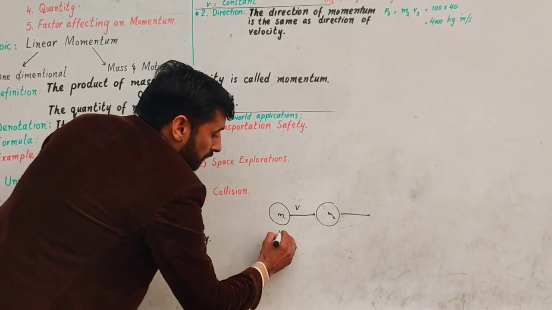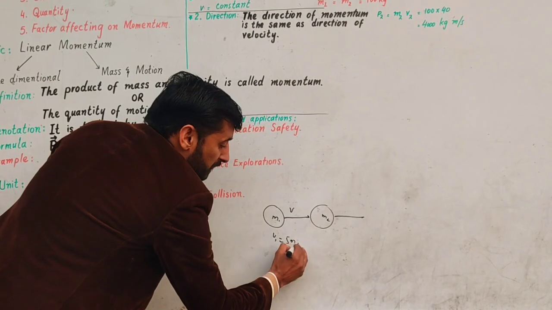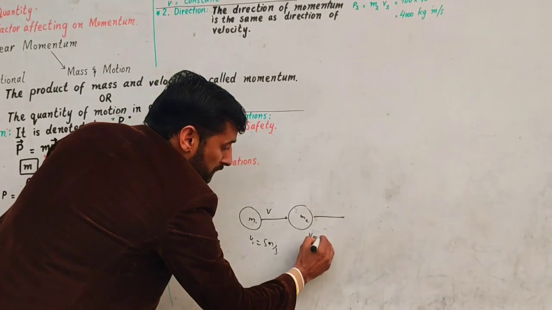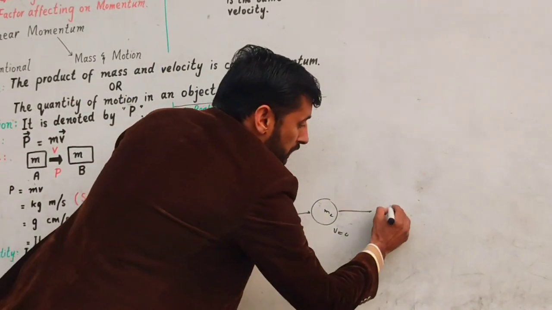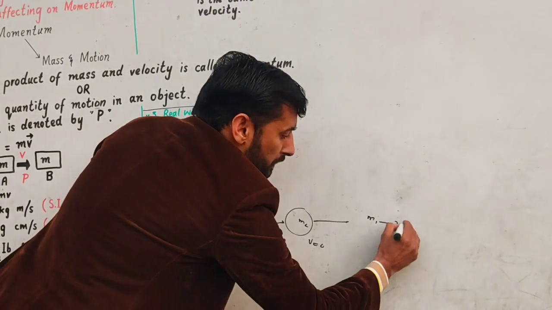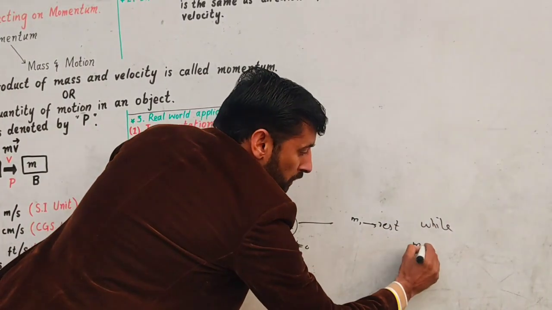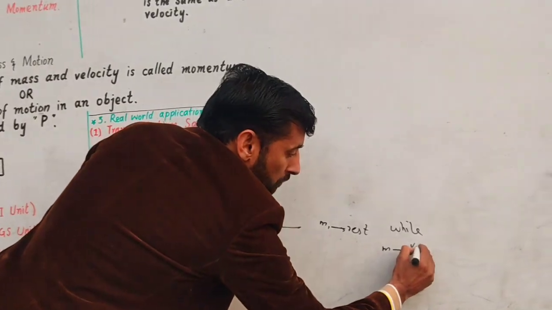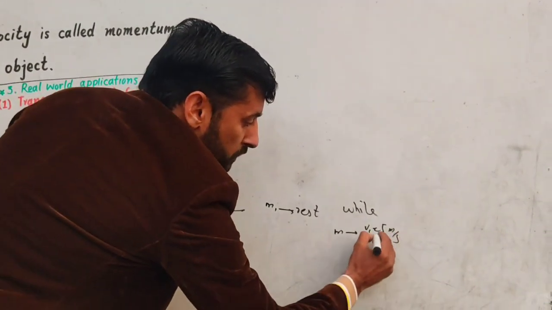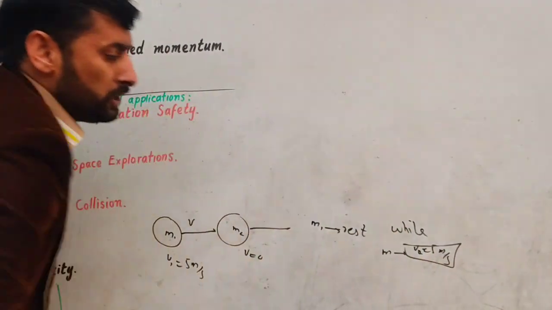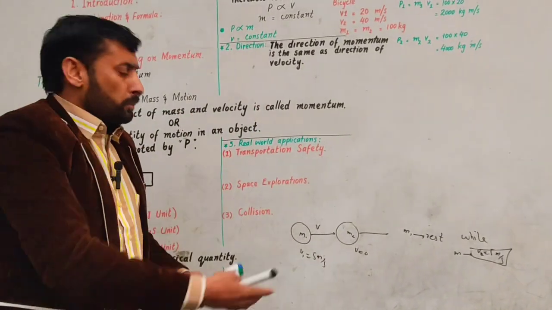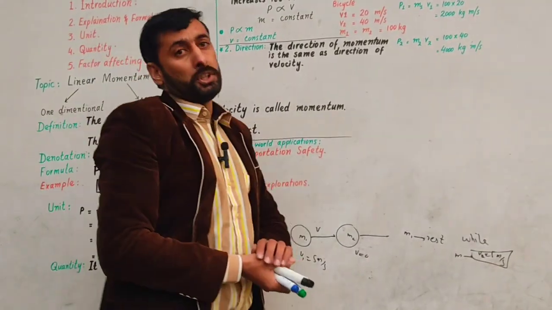Let's suppose the velocity of this one is 5 meters per second and the velocity of this one is 0. But after the collision, m1 comes to rest, while m2 moves with velocity v2 of 5 meters per second. So this is the velocity transfer. Momentum conservation also holds in collisions.